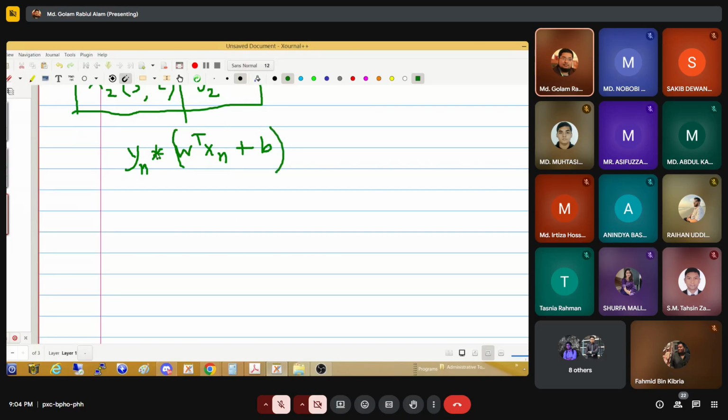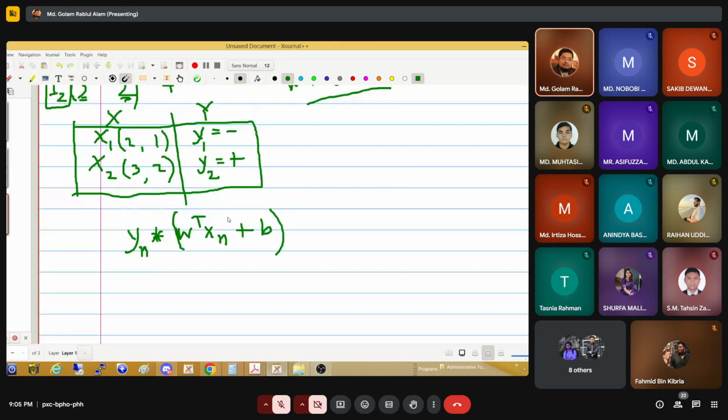Okay, these two things. If we consider n equal 1 at first, this is xn equal 1, and xn equal 1 means 2 and 1.